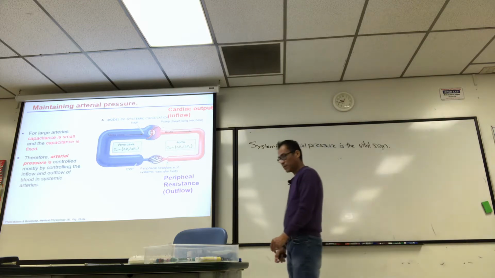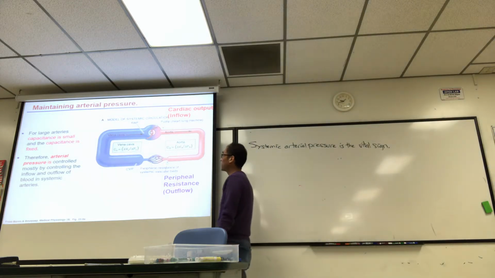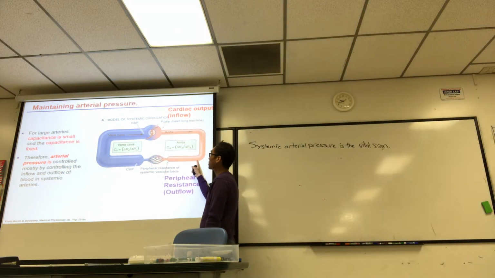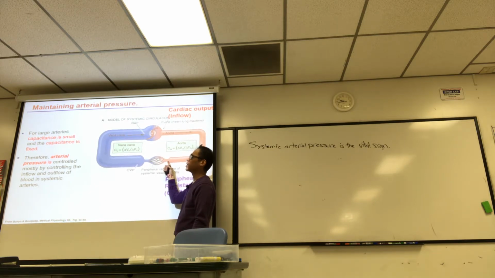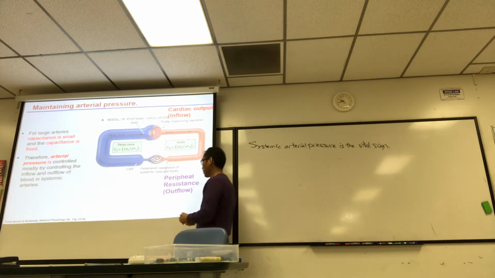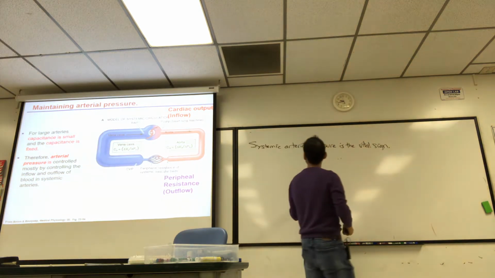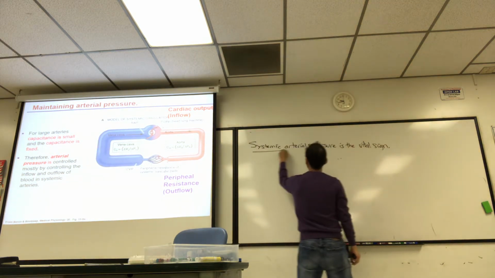So I use this picture to teach that concept. Here's the arteries. Inflow is when you get past the aortic valve. Outflow is when we get past the arterioles. So inflow and outflow is different from this lecture. It's the systemic arteries that are the centerpiece. Systemic arterial pressure.